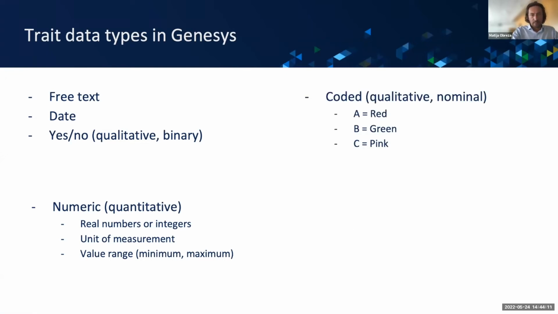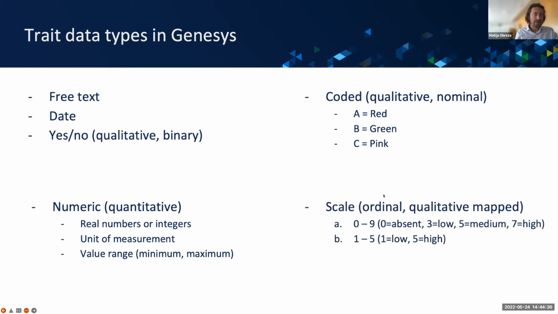Then a very common thing you'll see is coded descriptors or coded traits, where each of the possible values, so nominal scale, comes with a label, and we've seen some of those in the Genesys descriptor list earlier.